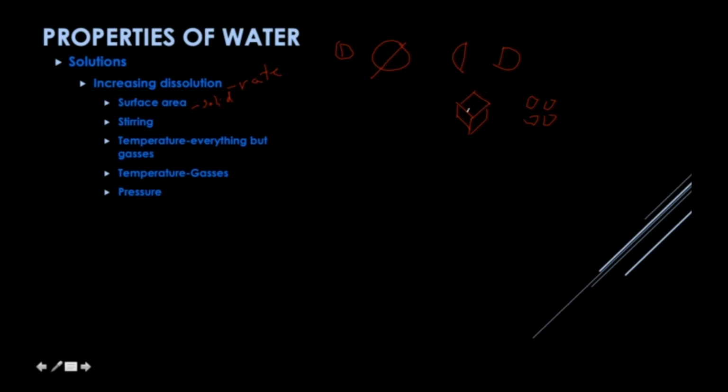So once you have these guys, there's more room for the water to get in and surround it and form hydration shells. So that's the reason increasing the surface area increases the rate of dissolution or dissolving.